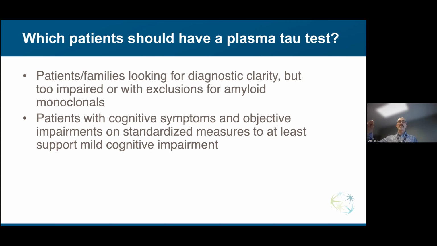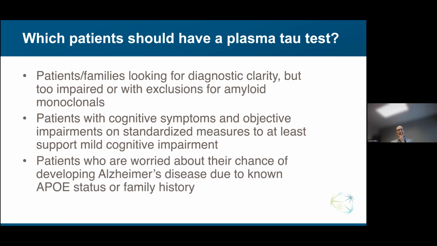And I've used it in that way in several patients where this clinical syndrome looks consistent with Alzheimer's disease. I'm trying to decide, do I need to work this patient in for a lumbar puncture sooner rather than later or not? And I say, all right, we're going to figure this out now. We're going to do this study, and if it's positive or indeterminate, that means we need to work a little bit harder to get this patient on to the next step. And so I found it useful in that way.